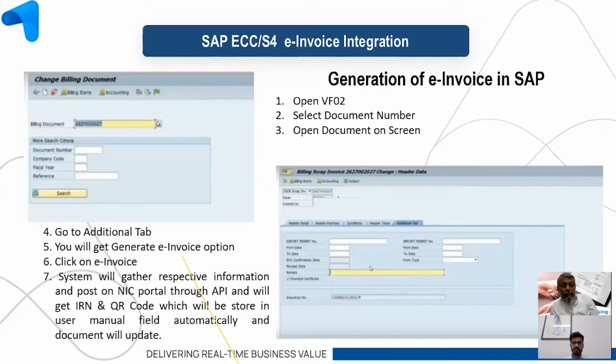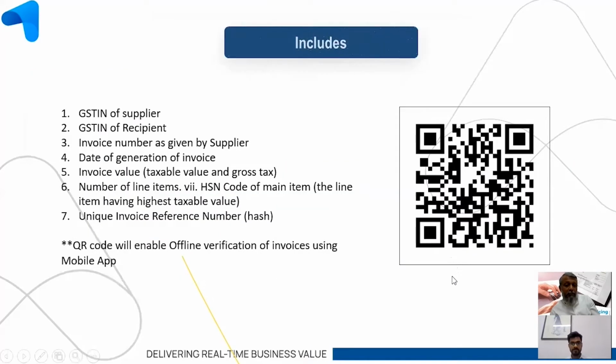It takes the IRN and the QR code, which come back into the system and are stored in the manual fields in VF02, which is the sales invoice. Once that has been generated, how will it look? These are the mandatory parameters taken from the sales invoice for the IRN.